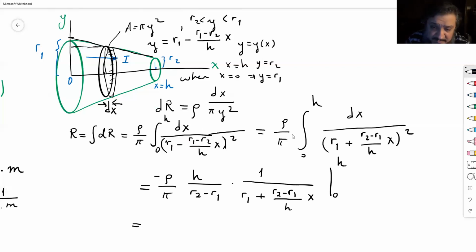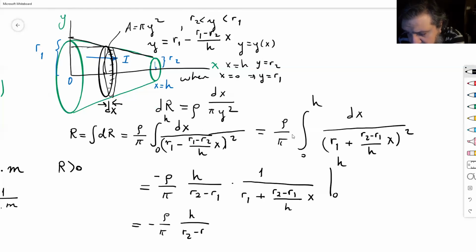The answer will be positive, okay? R is positive. So if we get the wrong answer, we have to fix that negative, but let's see what we get. So negative rho over pi, h over (R2 minus R1). Now, if you plug in h for x, then you will have R1 plus R2 minus R1, which is 1 over R2. Minus, if you plug in 0 for x, then you will have 1 over R1.